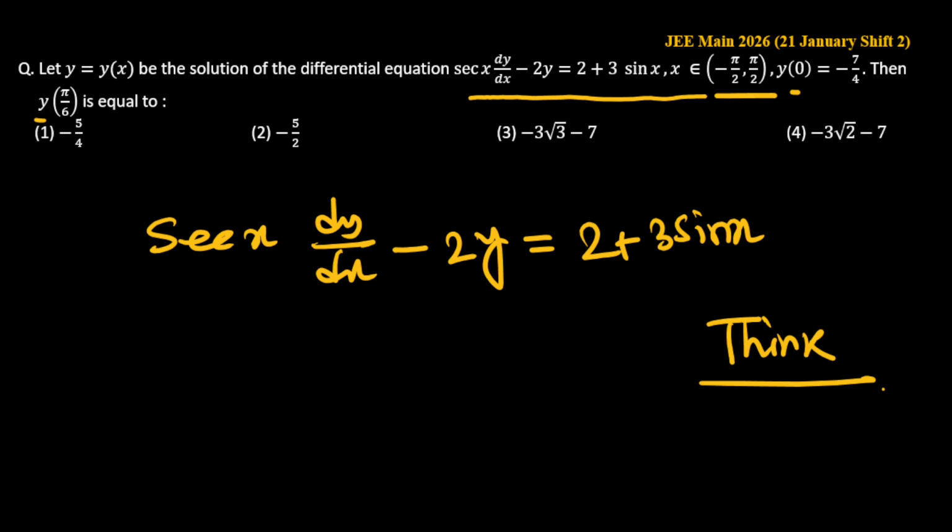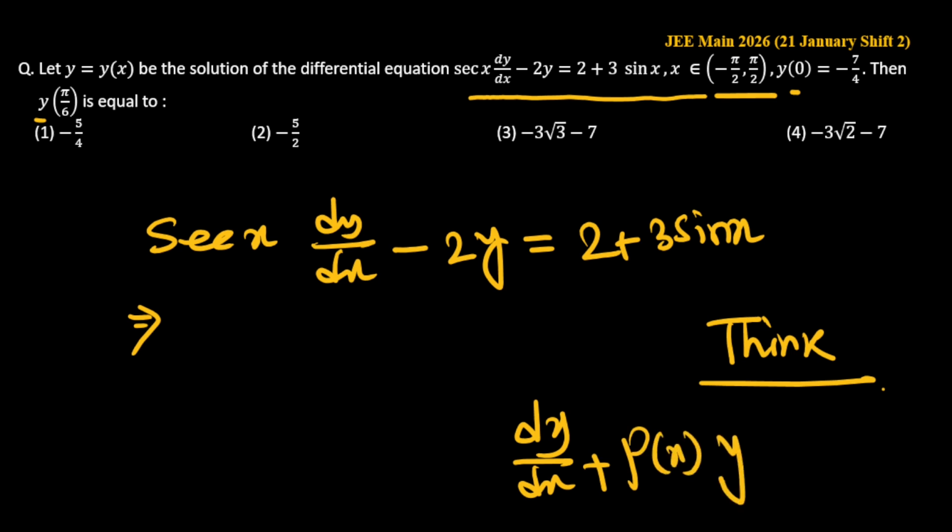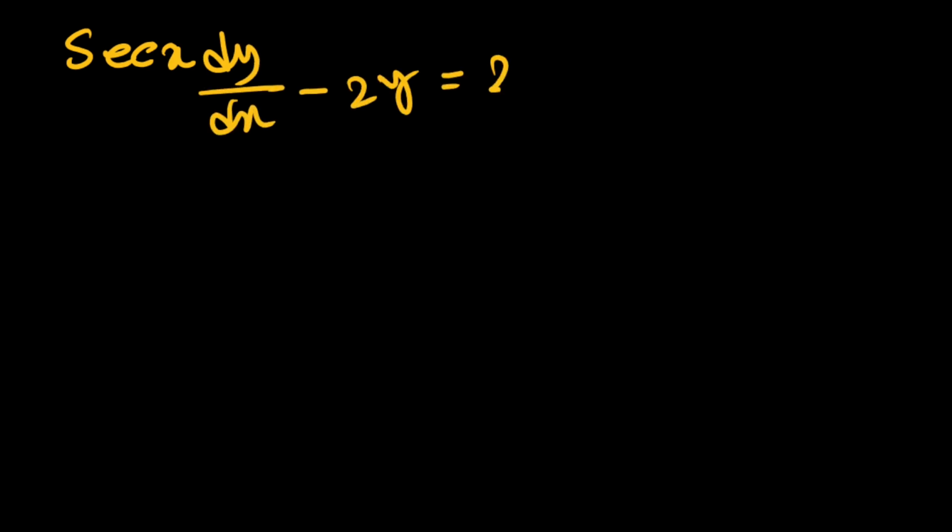So look at this differential equation. It is similar to this type of differential equation: dy/dx plus p of x into y is equal to q of x. Manipulate this differential equation a little bit, then we get this type. So we simplify: sec x dy/dx minus 2y is equal to 2 plus 3 sin x.